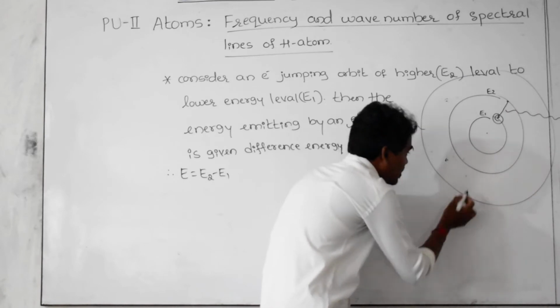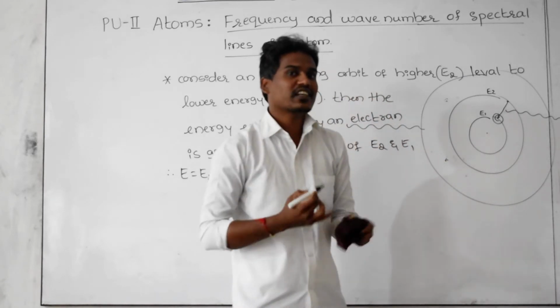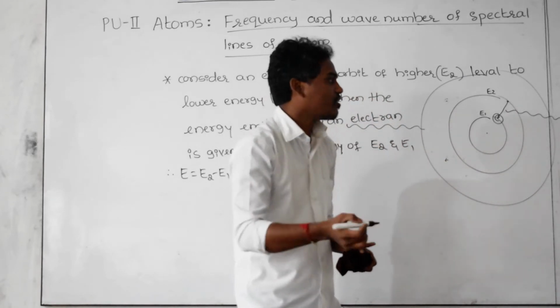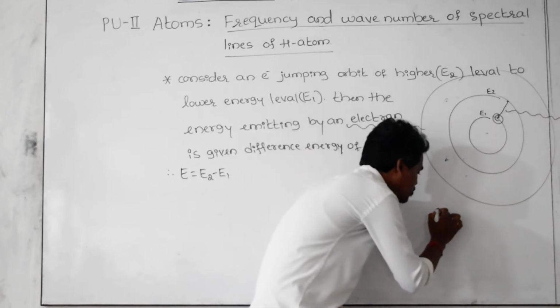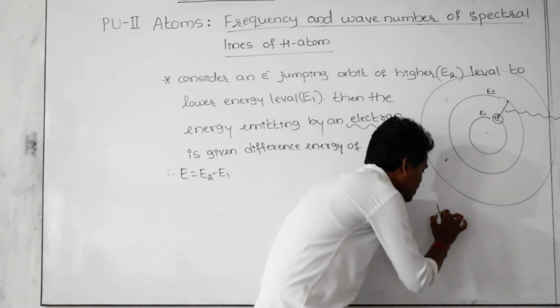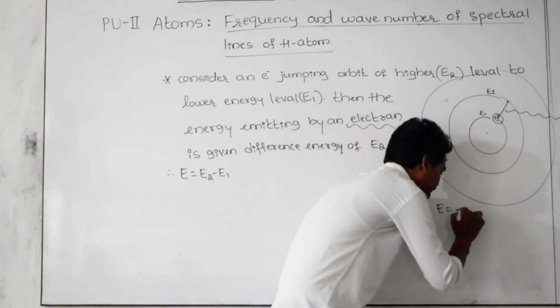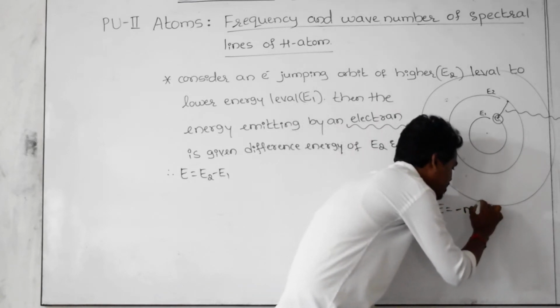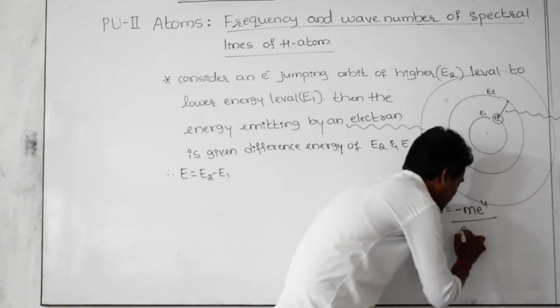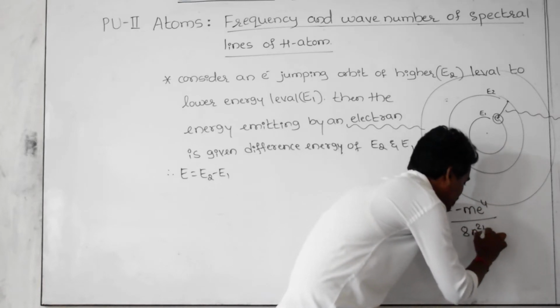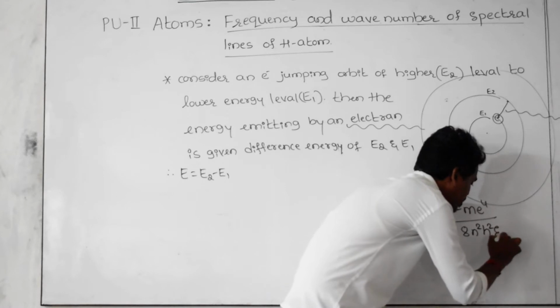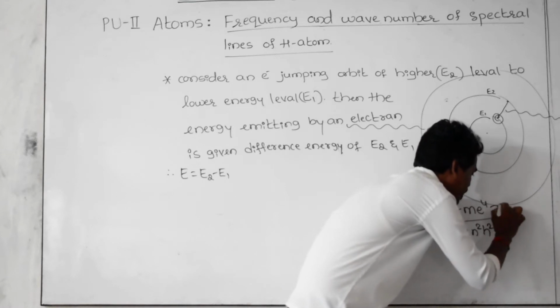Whenever the electron is revolving in the orbit, what is the energy that the electron has in that orbit? That can be calculated by using the formula: E is equal to the total energy we calculated, that is minus m e raised to 4 divided by 8 n square h square epsilon square into z square.